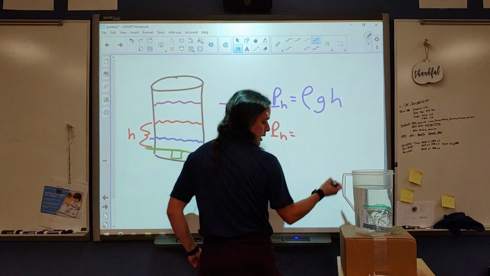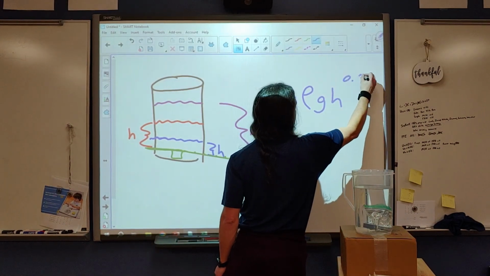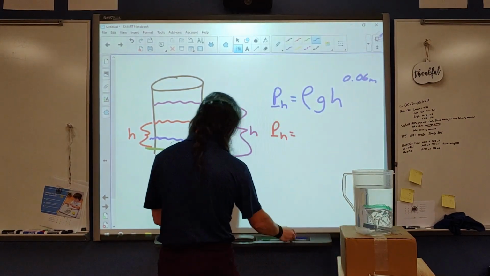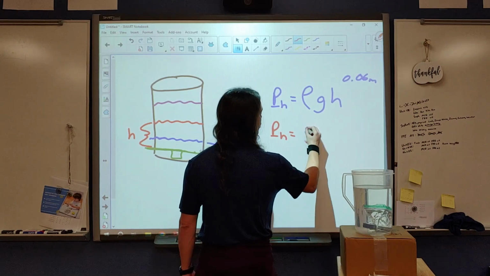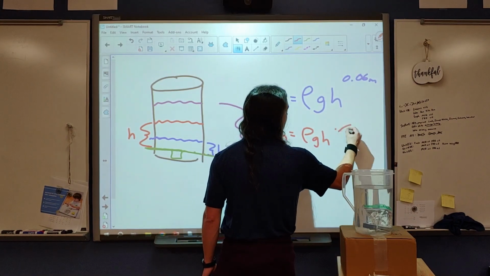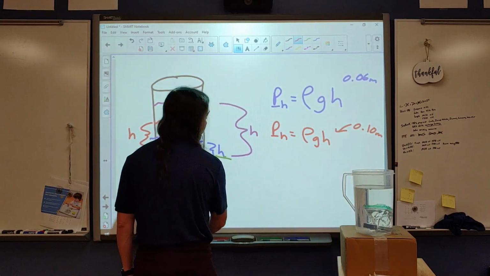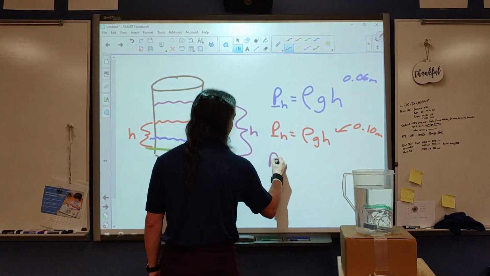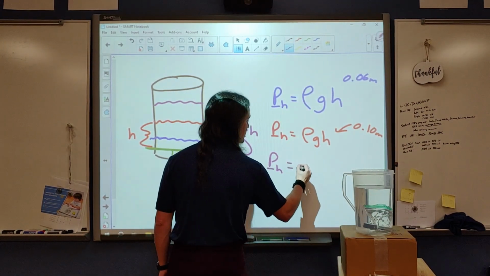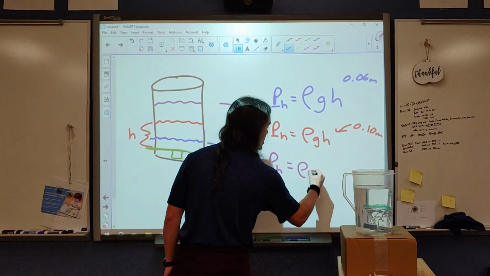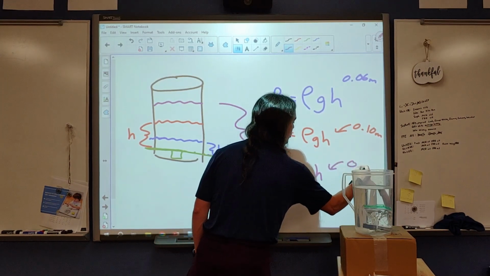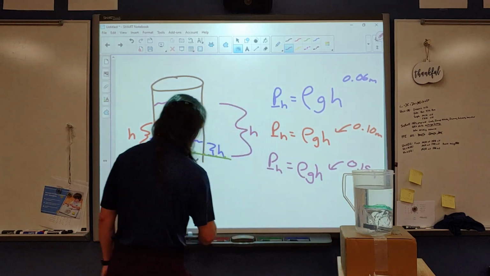So this might be 0.06 meters, 6 centimeters. This one might be rho g h. This one might be 0.10 meters, 10 centimeters. And then finally for my purple one, I might have P_h equal to rho g h, and this might be something like 0.15 meters.